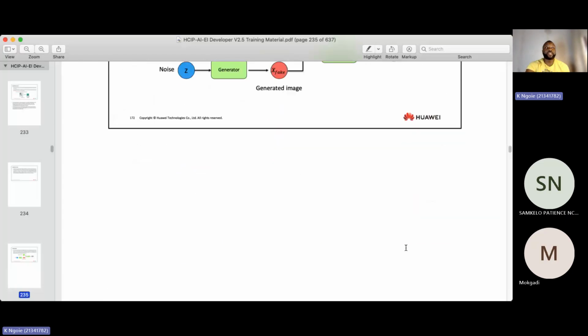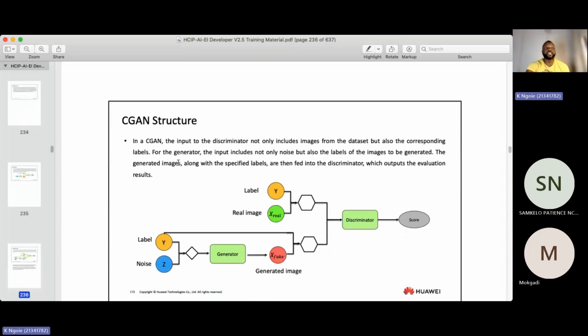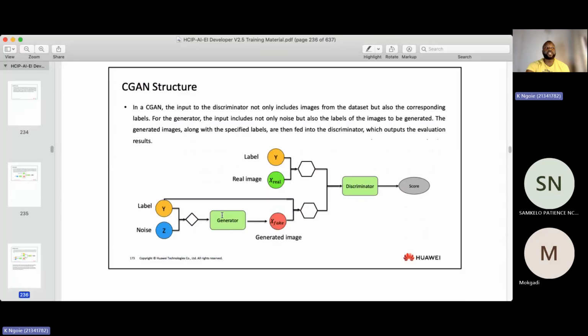All right. But now in the CGAN structure, in the generator we don't just have the random noise Z, but we also have a conditional label. So this conditional label Y is also an input, and it goes together with Z as an input to the generator.